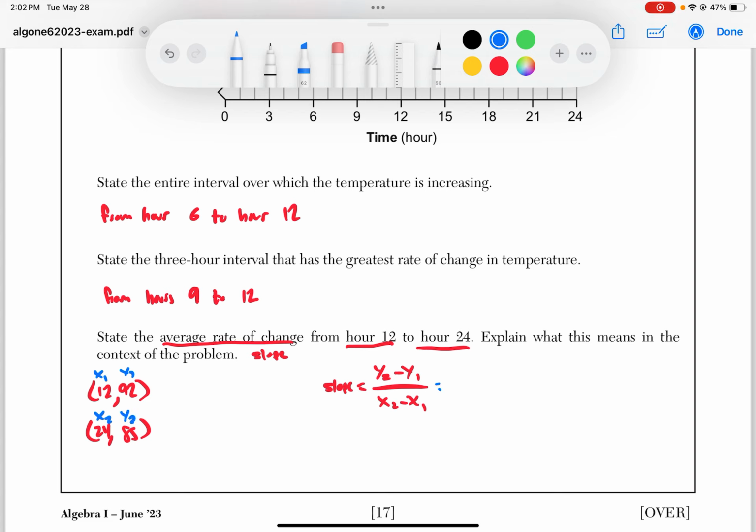So this will become 85 minus 92 over 24 minus 12. And if you put that into your calculator, you get negative 7 over 12. Let me make sure that's right. Okay, yes.